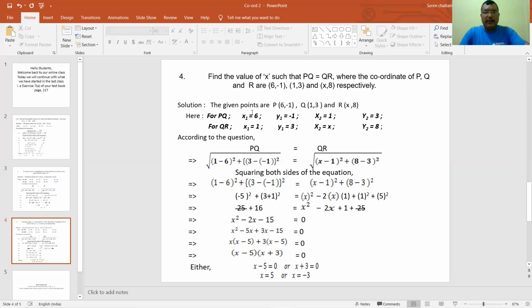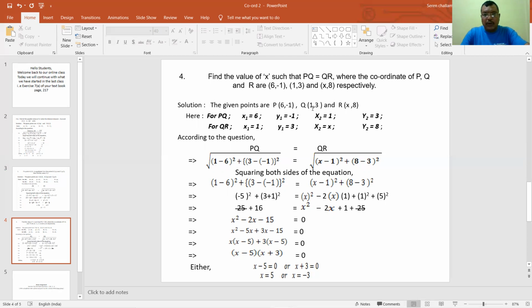So again, the given points are P is (6, minus 1), Q is (1, 3), and R is (x, 8). So for PQ, your x1 is 6, your y1 is minus 1.